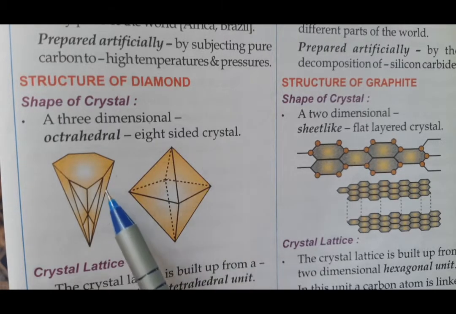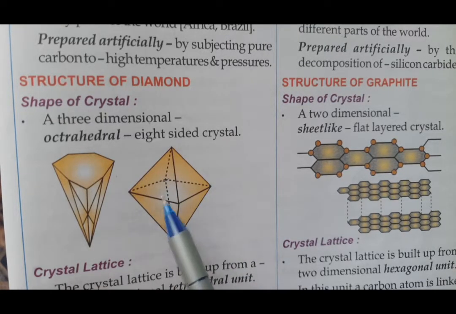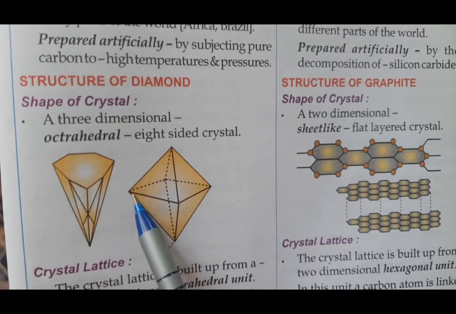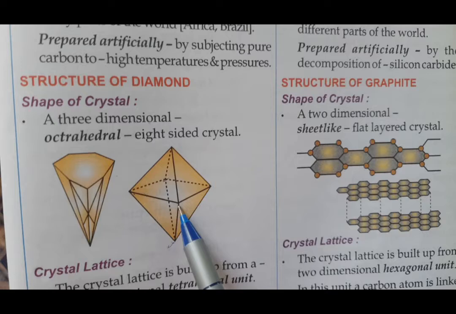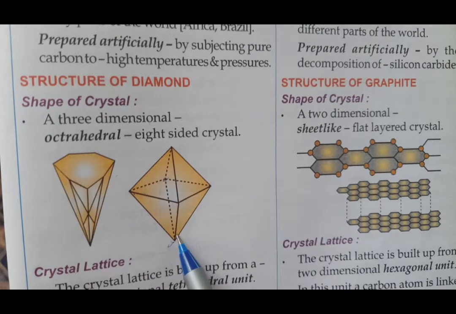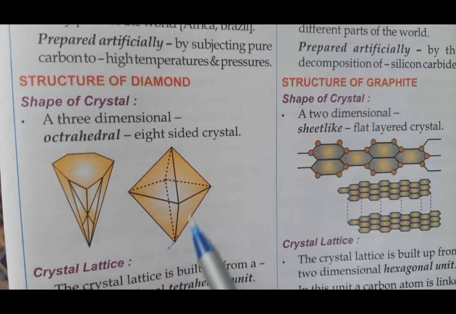Let us see how: 1, 2, 3, 4, 5, 6, 7, and one more is here, that is 8, the back one. So it is eight-sided, that's why it's called octahedral.